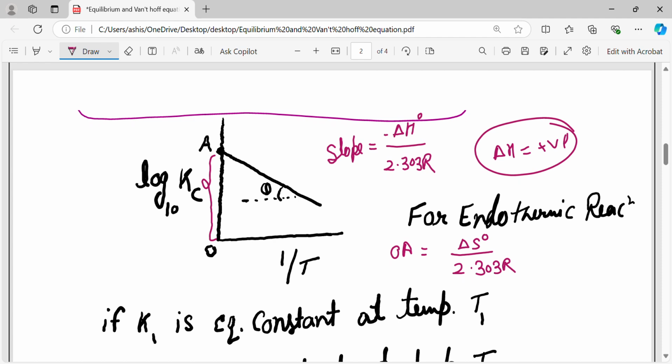If we are talking about exothermic reactions, because delta H for an exothermic reaction is negative, this negative and negative become positive, so the slope will be positive. For an exothermic reaction the slope will be positive.